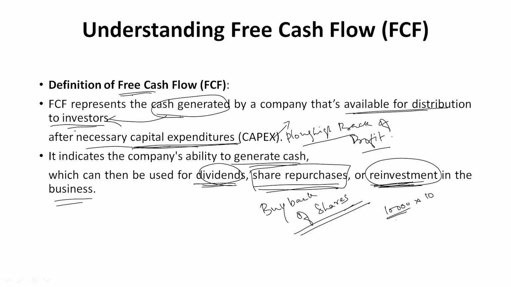They say that I am ready to purchase back shares from the existing shareholders, which you purchased at 10 rupees. Might be I am going to purchase it at 12 rupees. Whoever is interested can give me the share at 12 rupees. So there could be individuals who are ready to give back the shares to the company at a higher rate than what is available in the market. This is called buyback of shares.